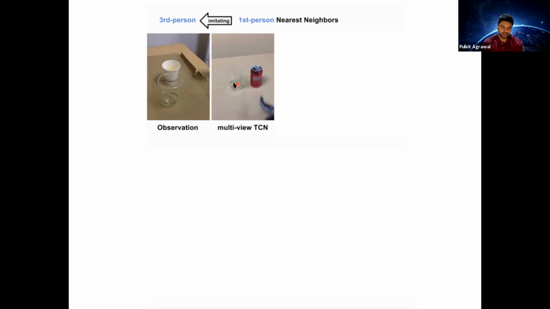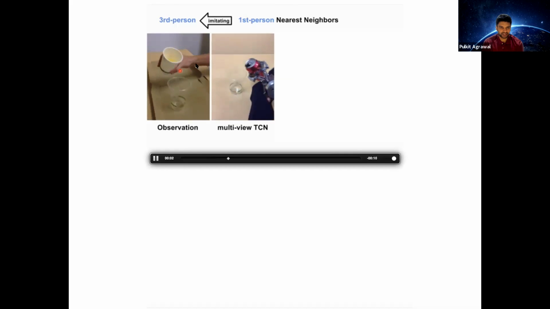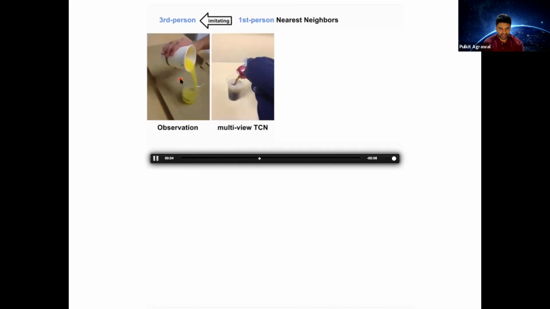If my feature embedding is good, then the video on the left should be aligned with the video on the right. But if my feature embedding is not good, then when I do nearest neighbors, I'm going to get bad results. If you look at what happens over here, as we are finding nearest neighbors for this particular demonstration, this is what we end up finding.